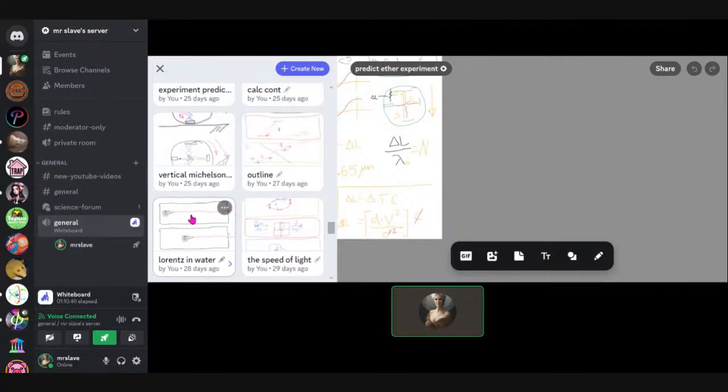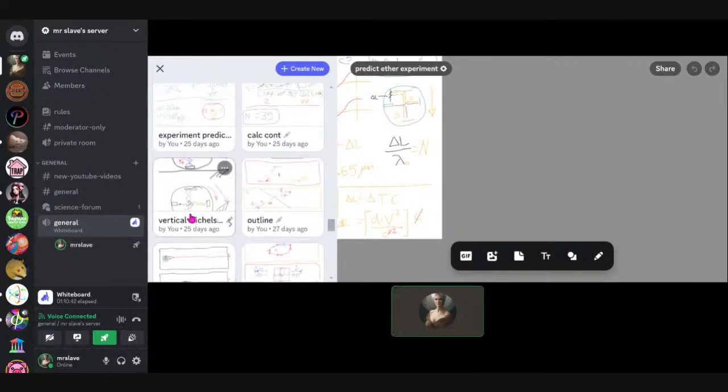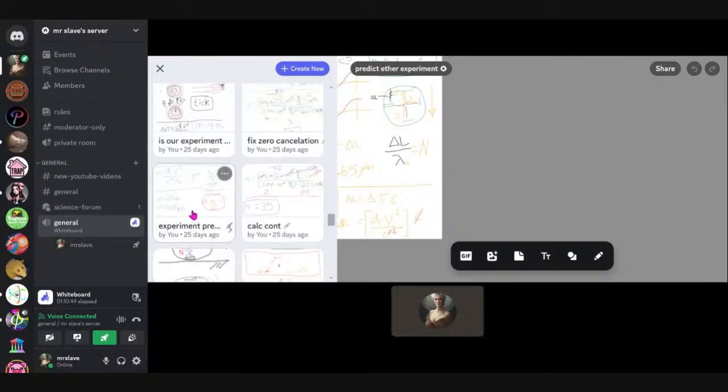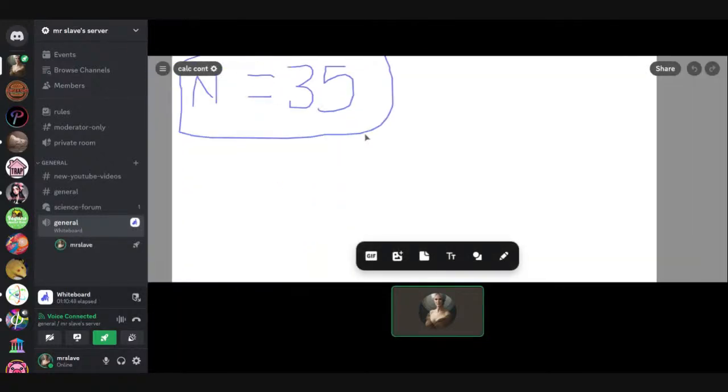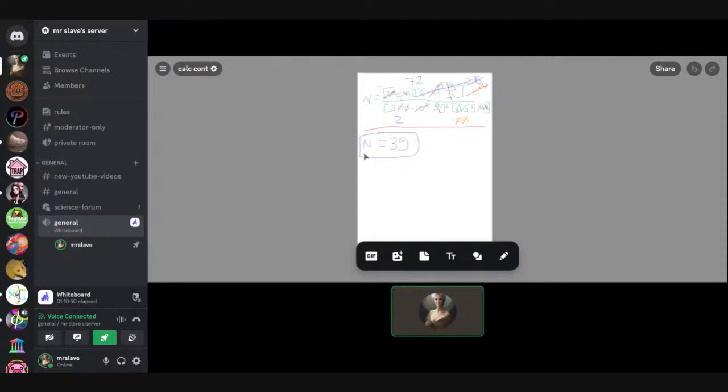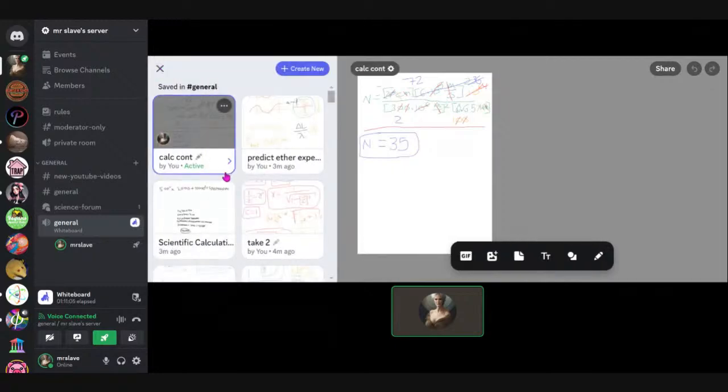The speed of light. Outline. This one. This is a calculation continued, but we need the previous page. This is how many n's do we expect? How many wavelengths do we expect?